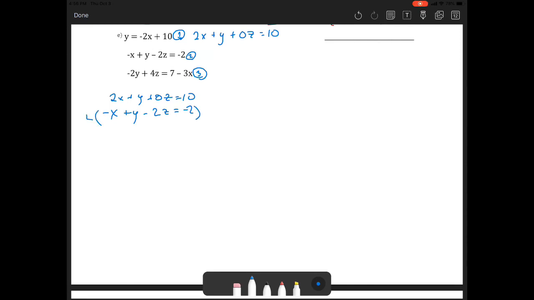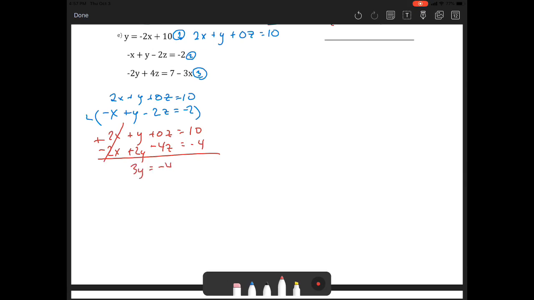Well, my x's are almost perfect, so I'm just going to multiply by 2. So that means I'm going to have 2x plus y plus 0z equals 10, minus 2x plus 2y minus 4z equals negative 4. I'm going to add those together.